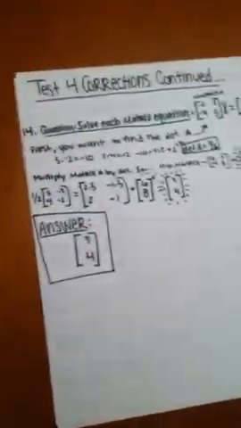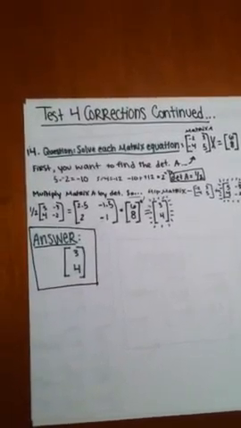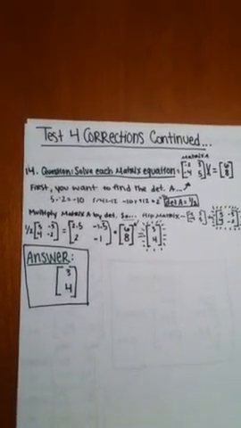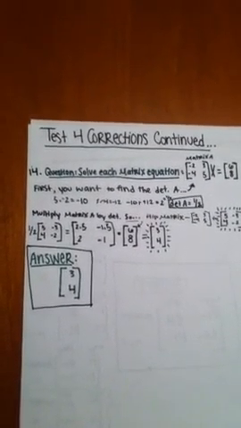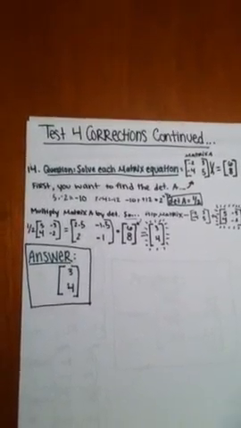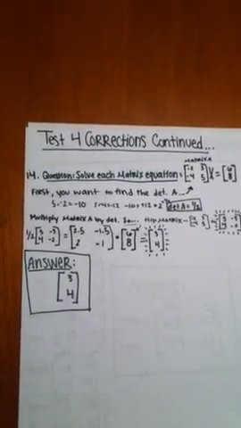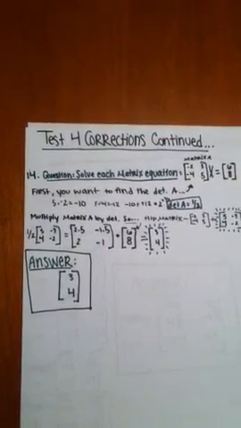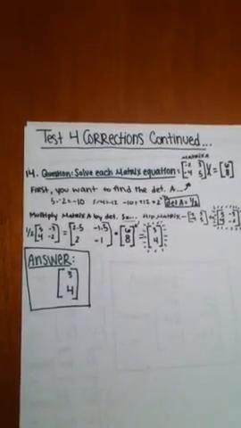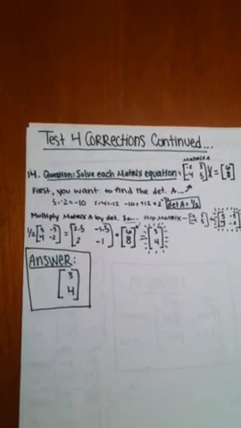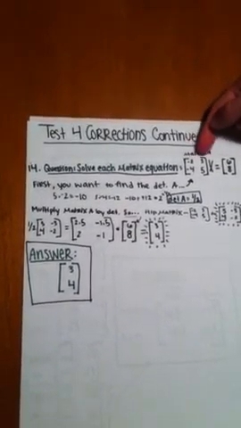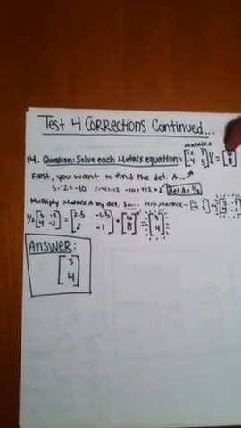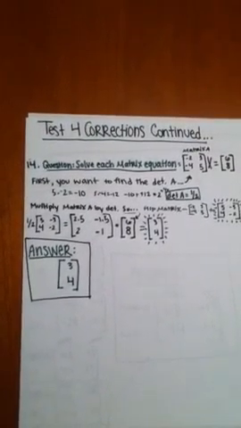The final one I got wrong on the no calculator part was number 14, and I just messed up on some multiplication near the end. You have to find X, but to do that you have to find the inverse of matrix A to multiply by matrix B, so you can get X by itself.